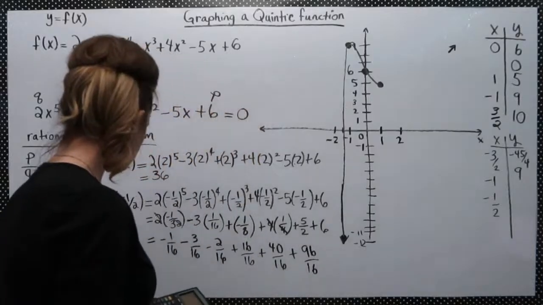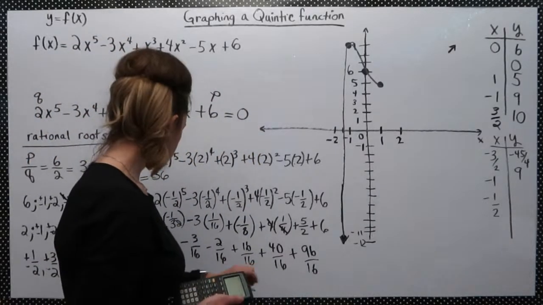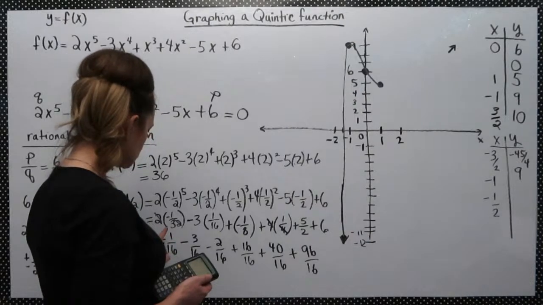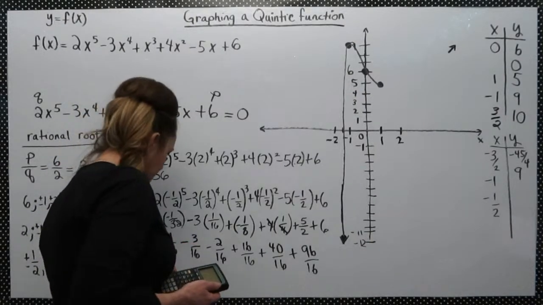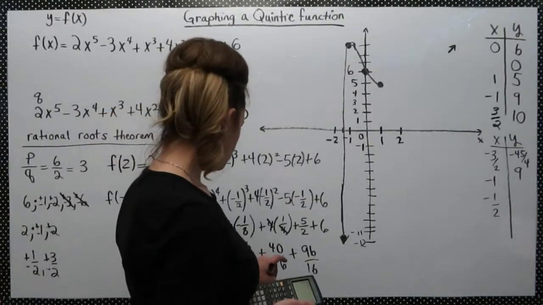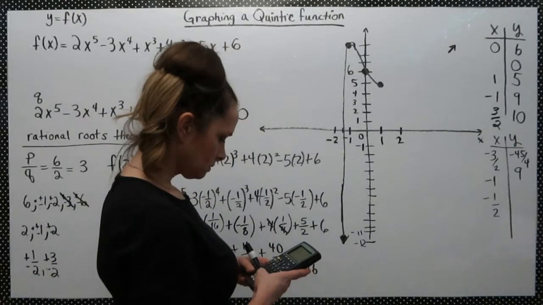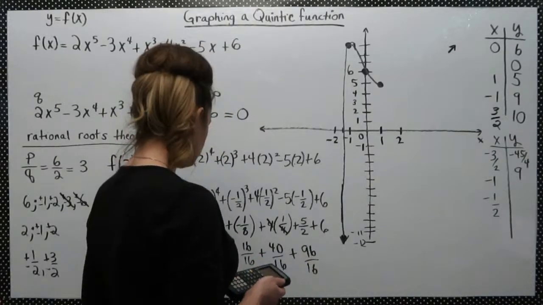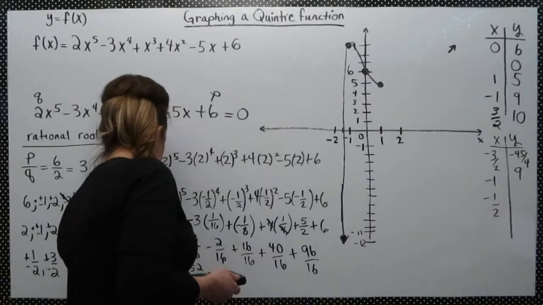That makes it a little bit easier because then we can just add up the negatives and the positives. So that is, let's see, 3, 5, 6. -6, and then 40, 56 plus 96, 152 over 16.